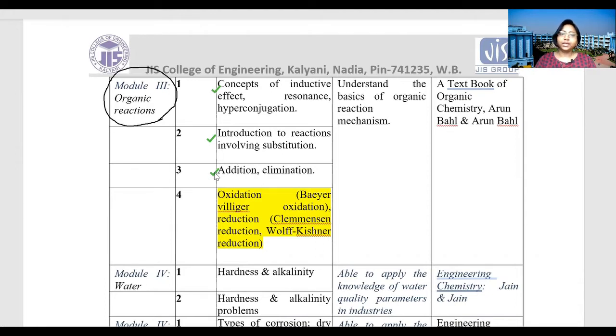So today you will learn the oxidations, mainly the Baeyer-Villiger oxidation, and the reductions, that is the Clemmensen reduction and Wolff-Kishner reduction. This part you will learn today.